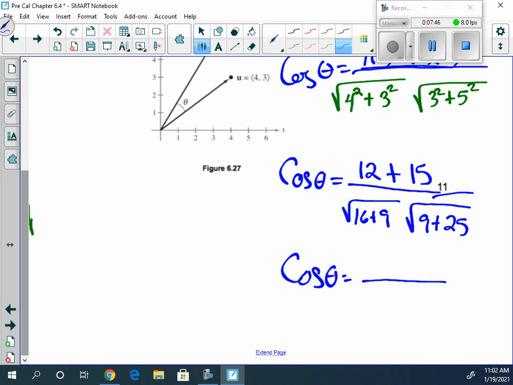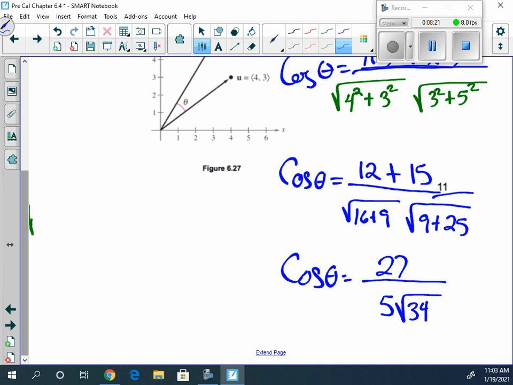Cosine of theta is equal to, well, 12 plus 15 is 27. Right, because 16 plus 9 is 25, and the square root of 25 is 5. 9, we cannot take the square root of 34, because 34 by itself doesn't reduce, because the next closest one would be 36.